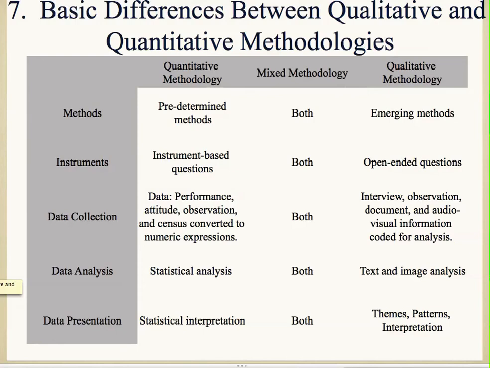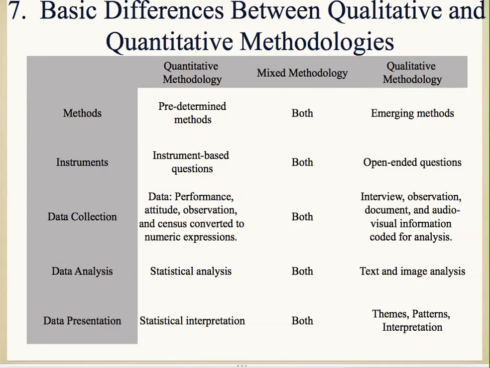Now, we don't know much about quantitative research methodology just yet, but just so you can see where we're going a little bit, we can talk about the distinctives or the differences between qual and quant. As you can see from this chart, the qualitative researcher's methodology and approach emerges as they get involved in the material.